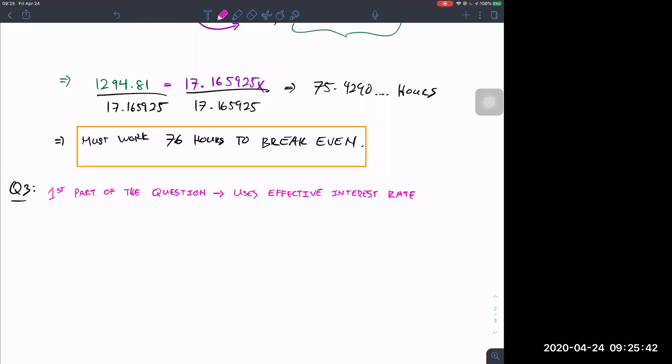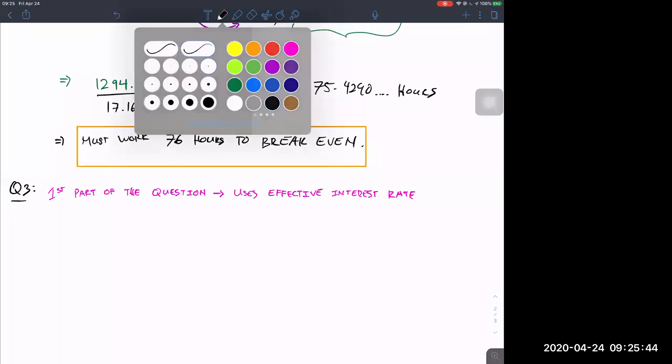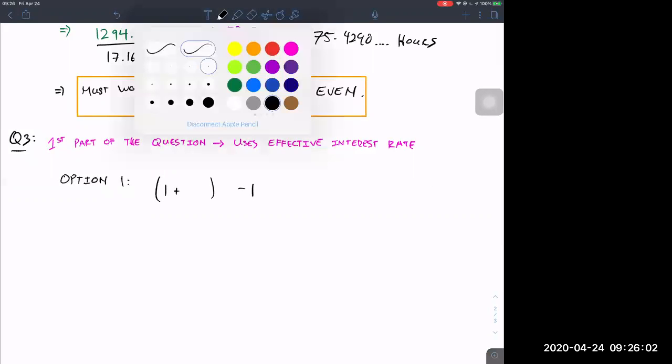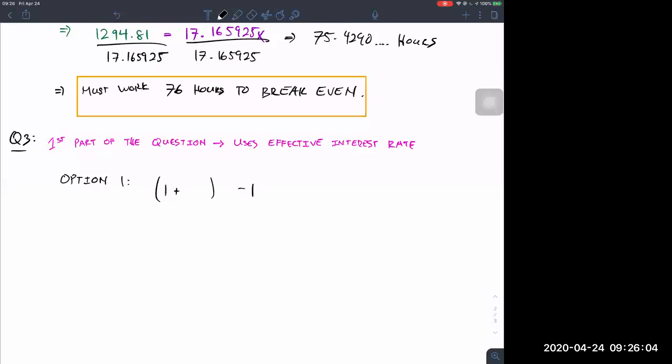So it's 2 ones. So here, I'm just going to color code in black here for the first one, option 1. That tells you 4.23% compounded monthly, right? Since you know it's a compound period, you know it looks like this. You just have to convert the percentage to a decimal.